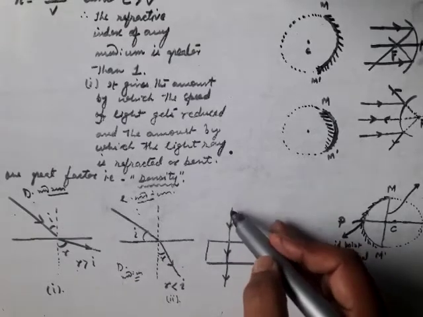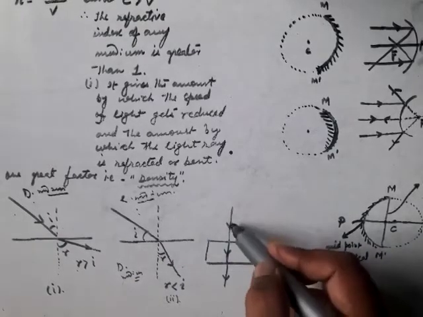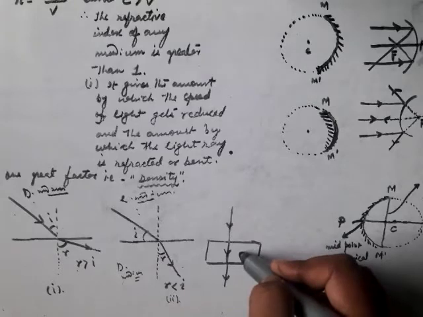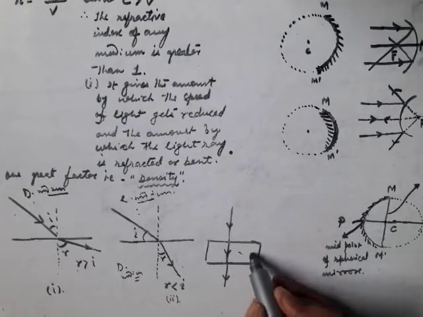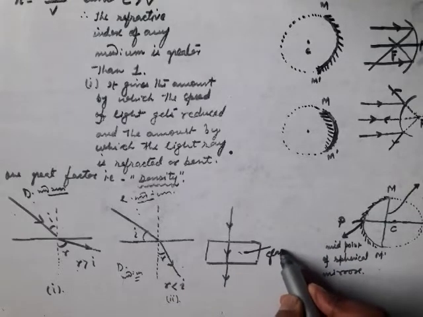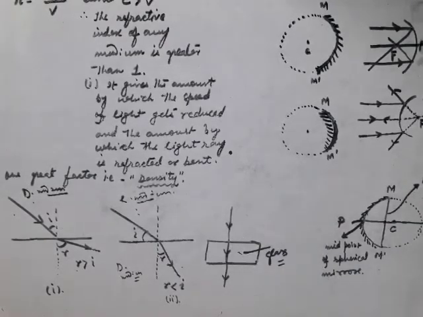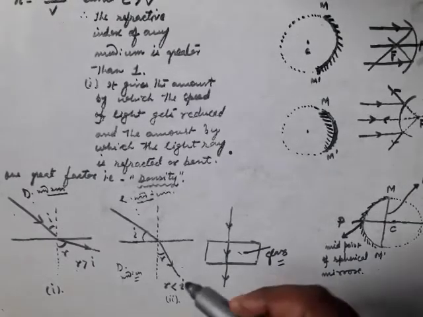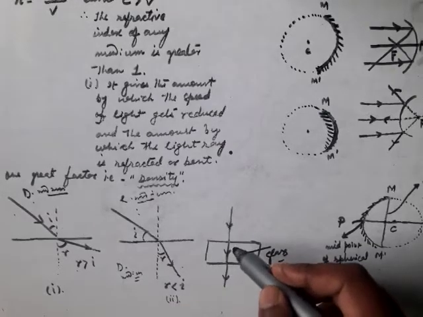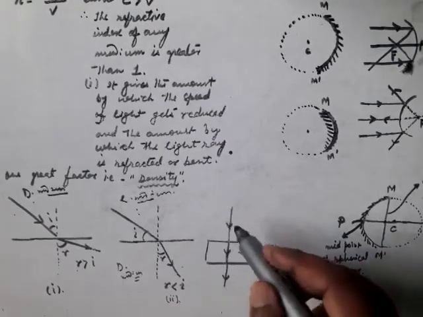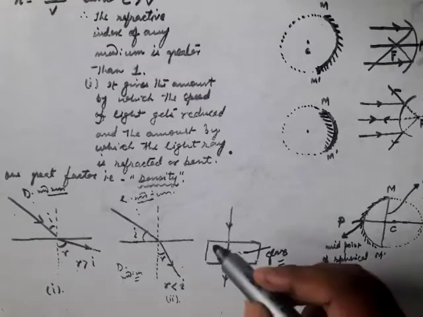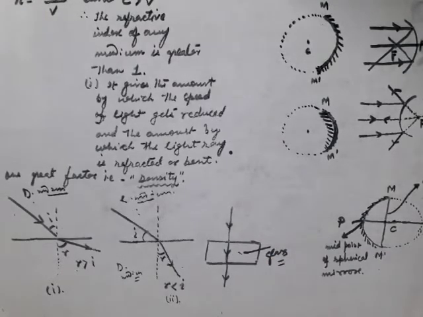And if the ray of light is incident normally on any surface, suppose this is glass, the denser medium, the ray of light goes undeviated. There will not be any refraction. That is, the angle of incidence equals the angle of refraction equals 0. Both the angles are 0.